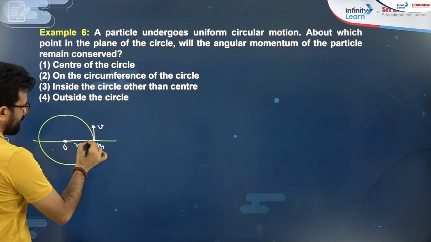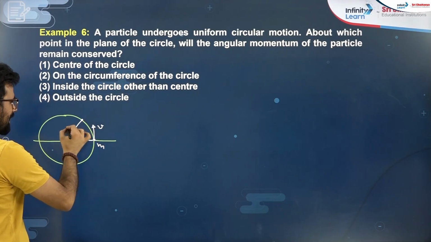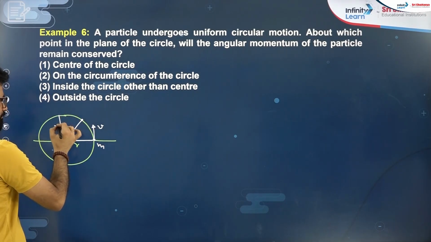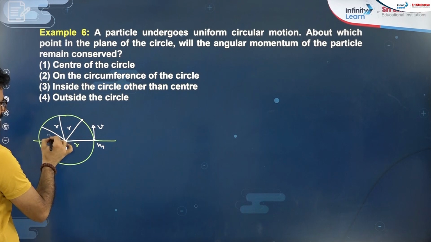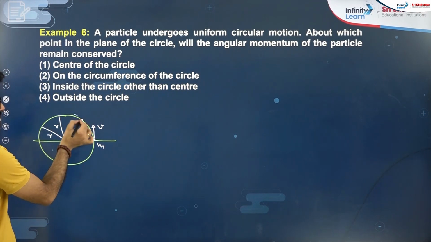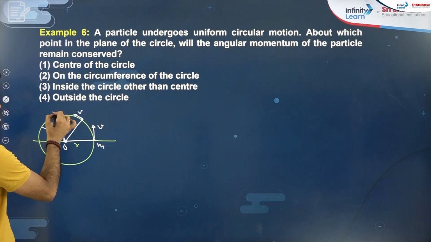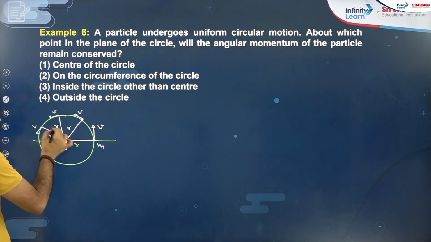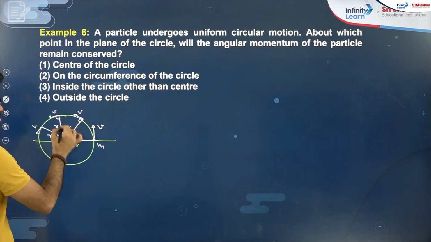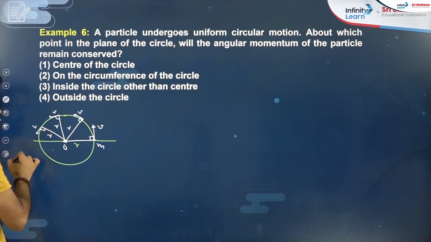Whenever the particle is at any point, this r will be the same, and the speed is also the same, and v and r are perpendicular at all points.